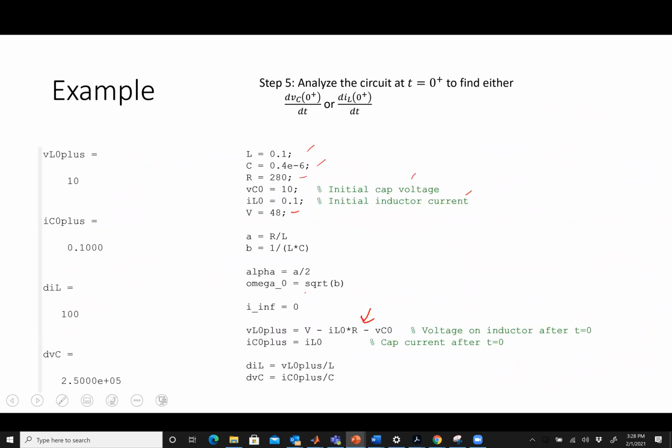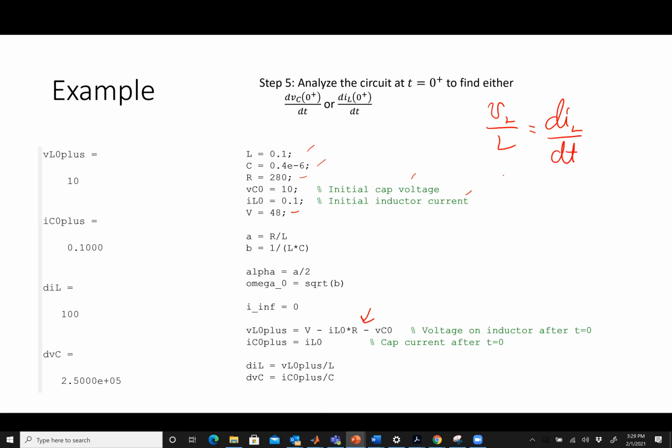I know that V sub L equals L dIL by dt, so V sub L over L is dIL by dt.